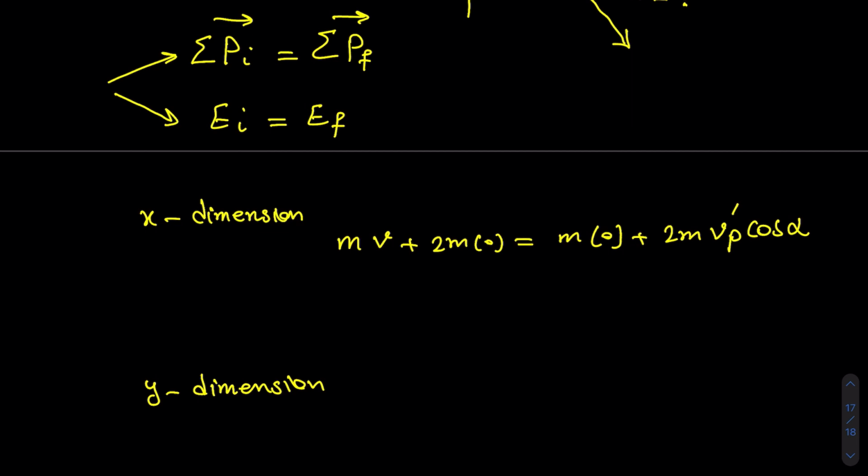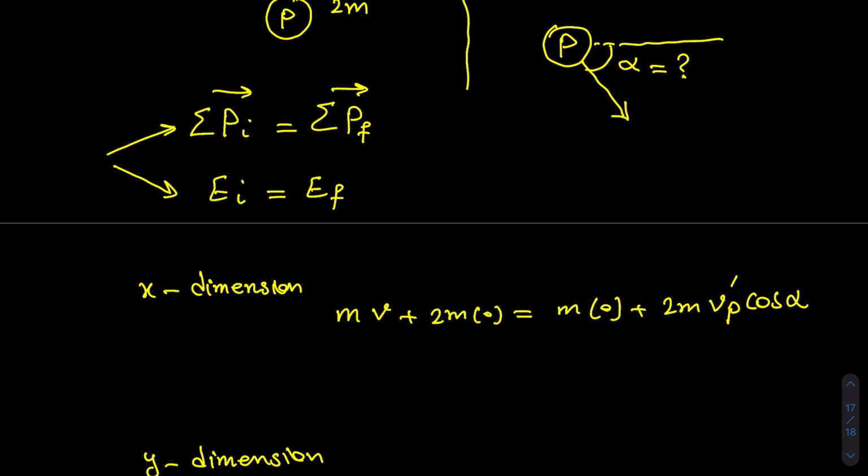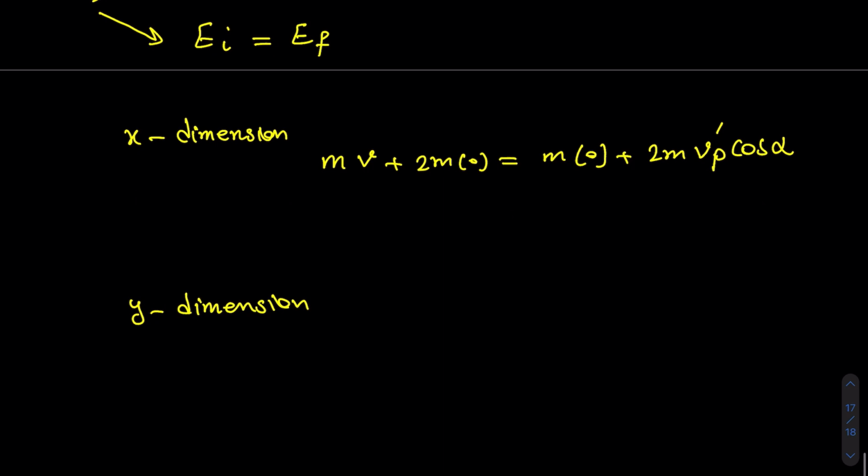So we multiply it by cosine alpha because we need to find the projection of this velocity v prime p on the horizon, on the x-axis. That's why we need to multiply it by cosine alpha.